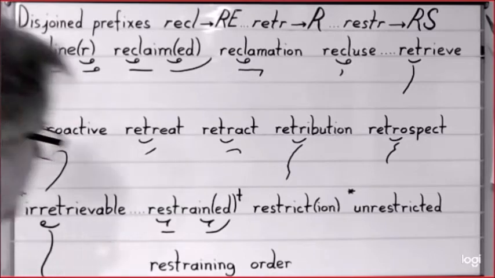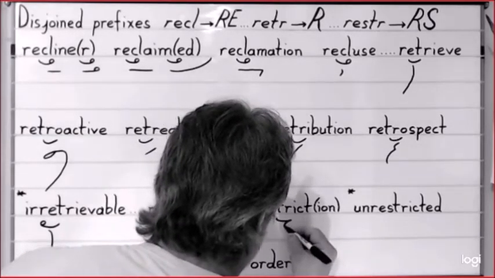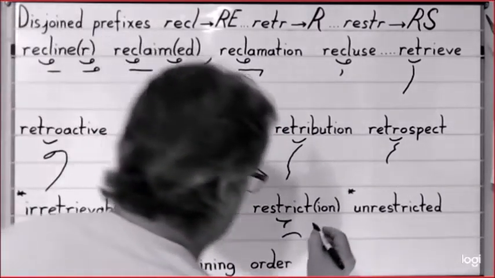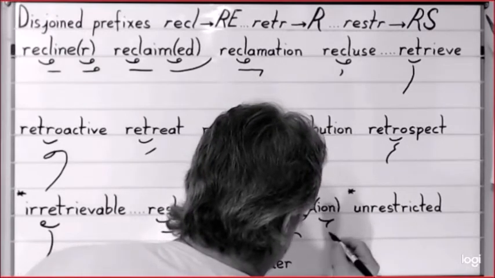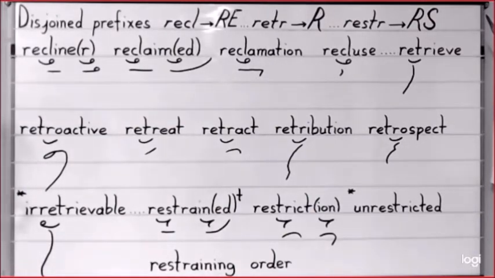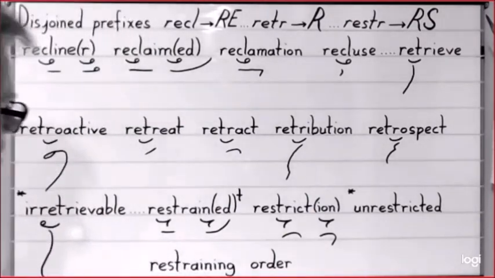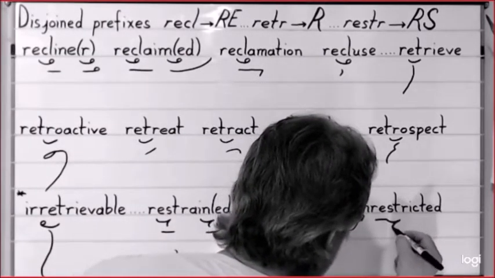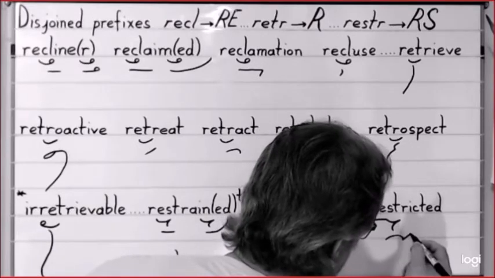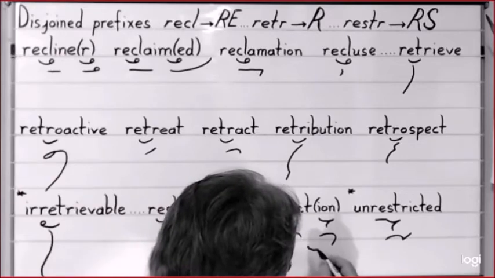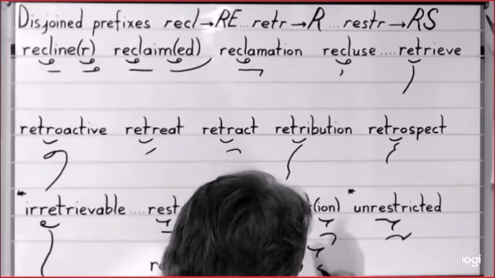For restrict, write an R, S, and then a K. For restriction, write an R, S, K, SH. And for its negating cousin, unrestricted, we'll write an N, R, S, K, and then a T. And then finally, restraining order is an R, S, and then an O, D.